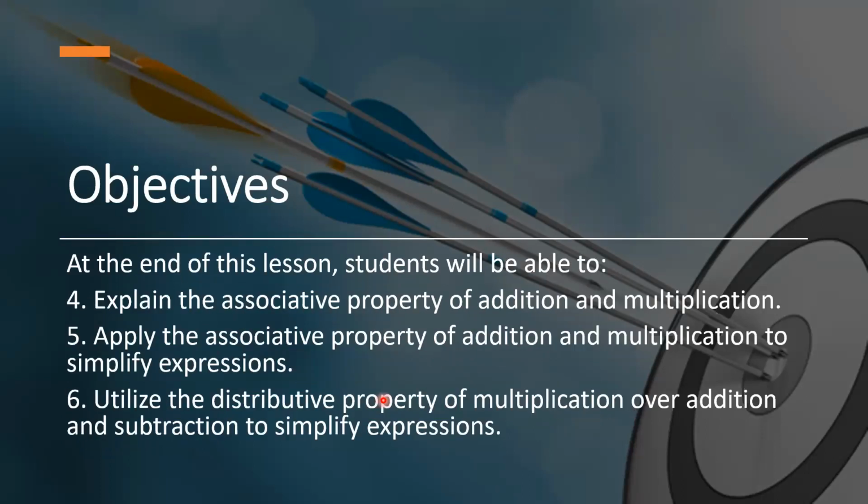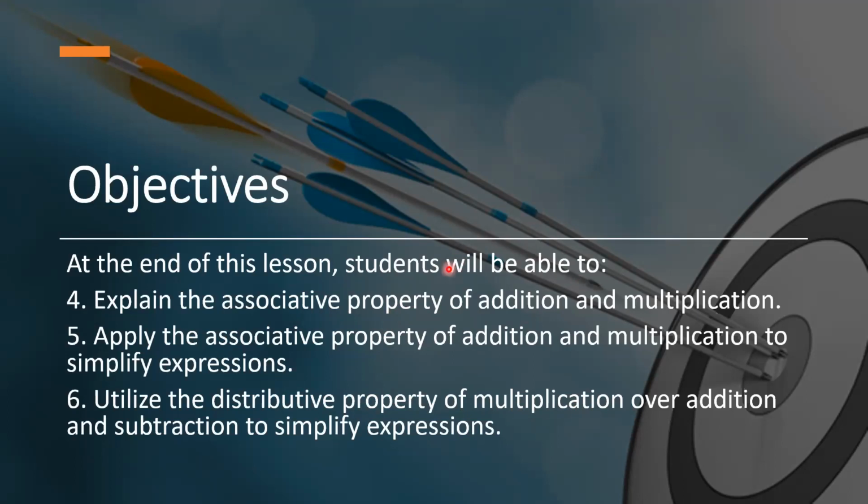Also, as part of this lesson, we're going to explain what we mean by the associative property, and apply the associative property to simplify some expressions. Finally, we have to utilize the distributive property of multiplication over addition and subtraction to simplify expressions.